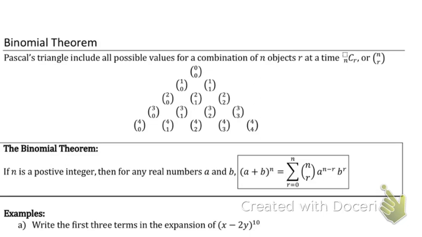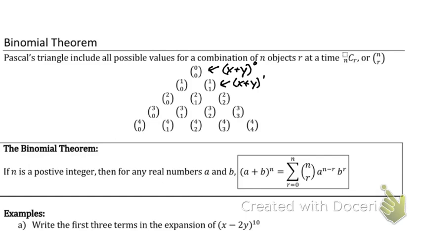Well, if we look at this, when I'm dealing with x plus y to the 0th power, there's just one term and it's 0 choose 0. Well, when I'm doing x plus y to the first, my first one is 1 choose 0, my second one is 1 choose 1.